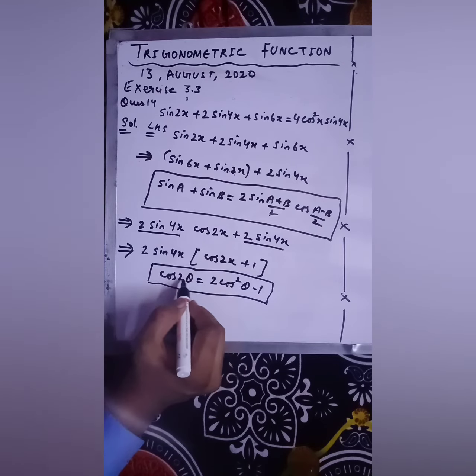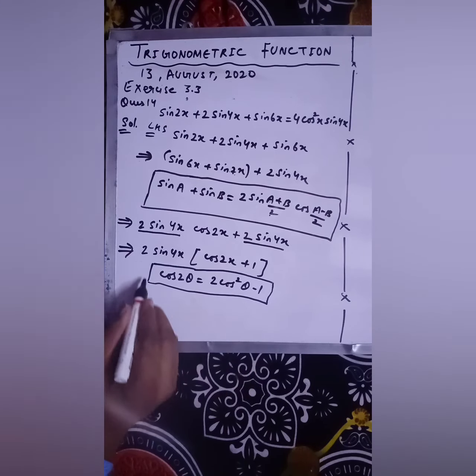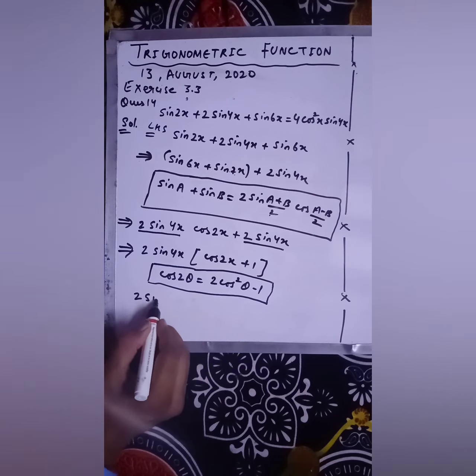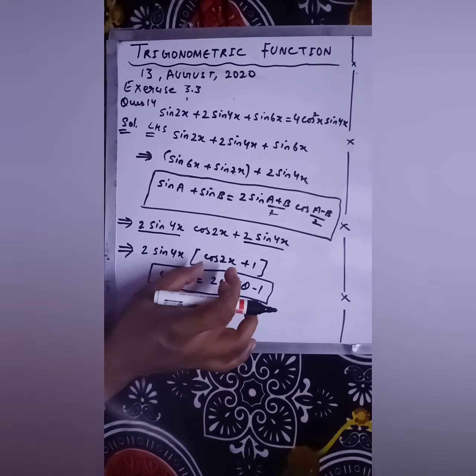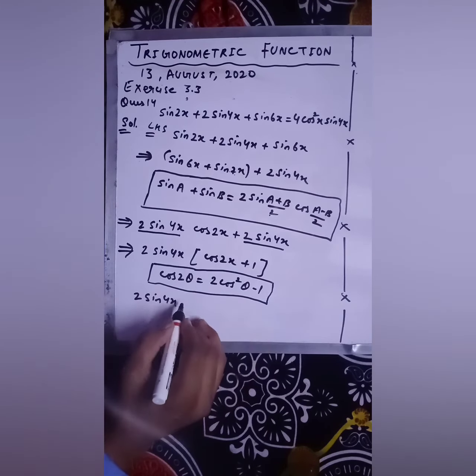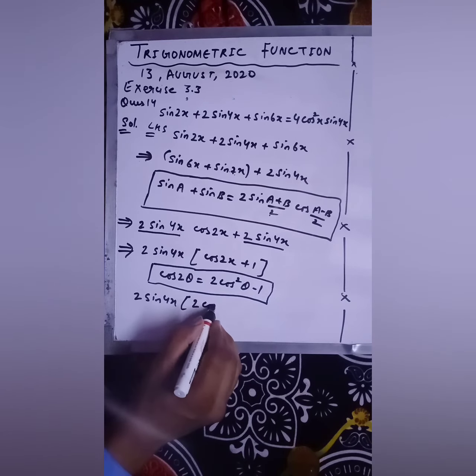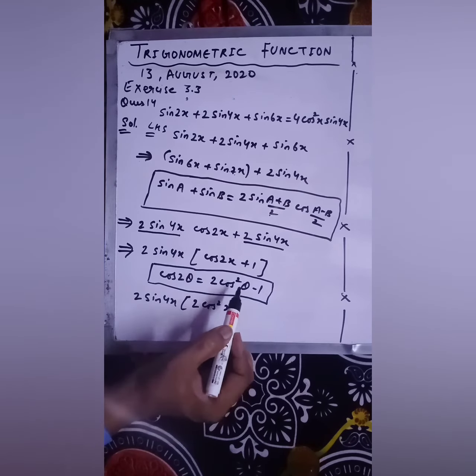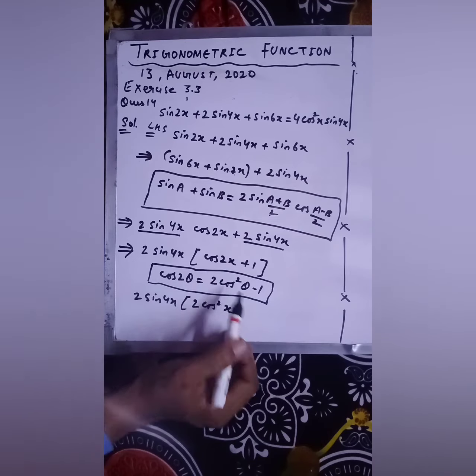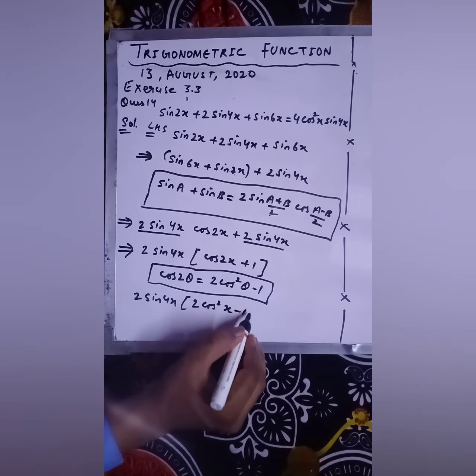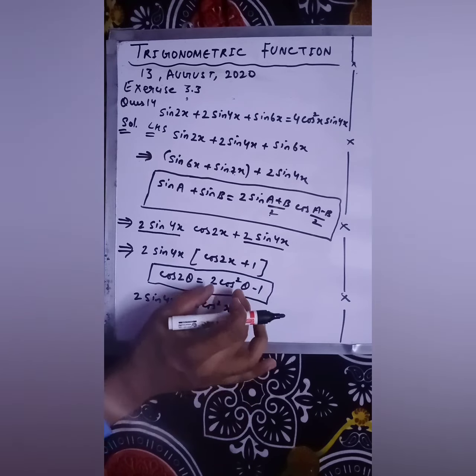So at a place of cos 2x, you have to apply this formula. 2 sin 4x will remain 2 sin 4x. And at a place of cos 2x, I'm writing 2 cos square x minus 1, plus 1.